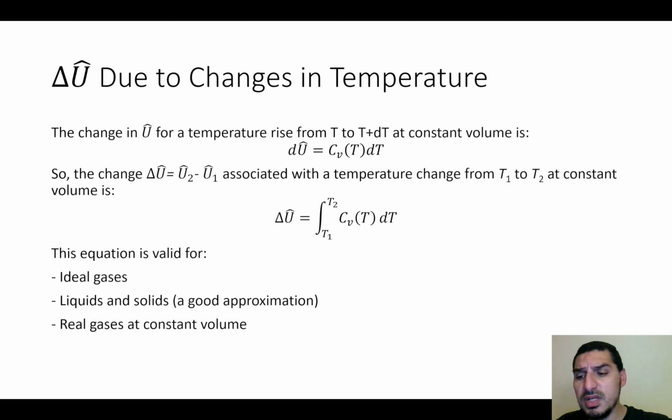Again, real gases are not easy to describe mathematically, and there are many equations that are made to describe the behavior of real gases. This is something that we are not going to be going through in this course, but just to give you an idea, this works for real gases only if we keep the volume constant.